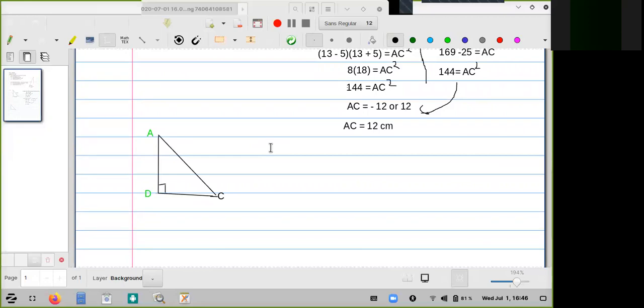AC squared, remember, it is our longest side now. AC squared is equal to AD squared plus DC squared.